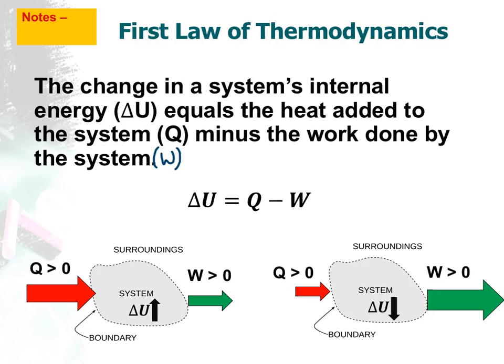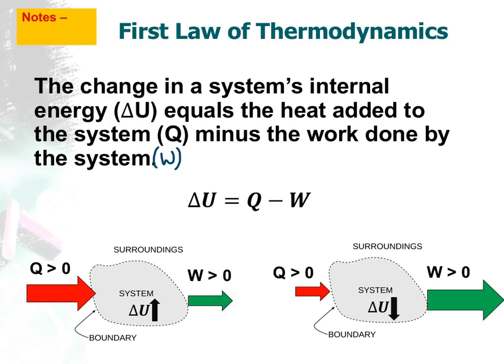It also turns out that if you add less heat to a system than the amount of work it does, then the difference is made up by pulling internal energy out of the system in order to do this greater amount of work. So if you write the first law this way, you can think of it as change in internal energy equals heat in minus work out.